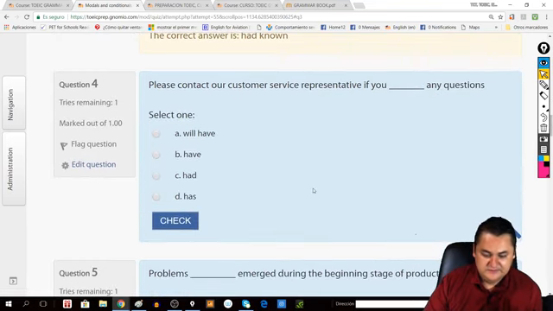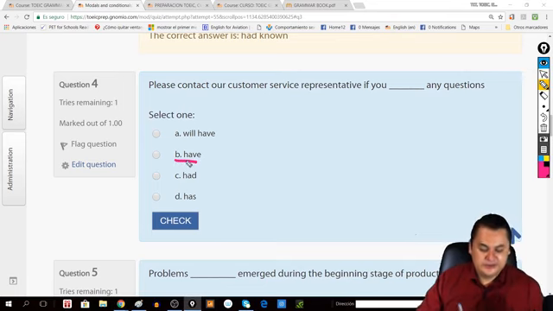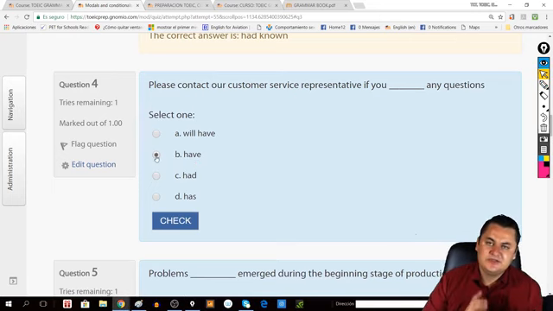And then number 4. Please contact our service representative if you have any questions. This is a simple conditional form type 1.